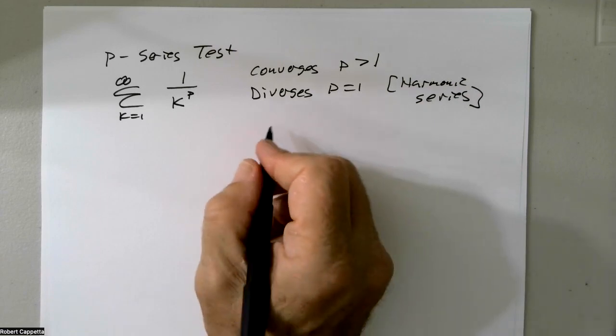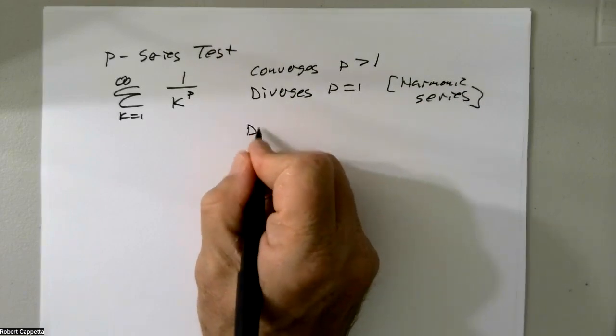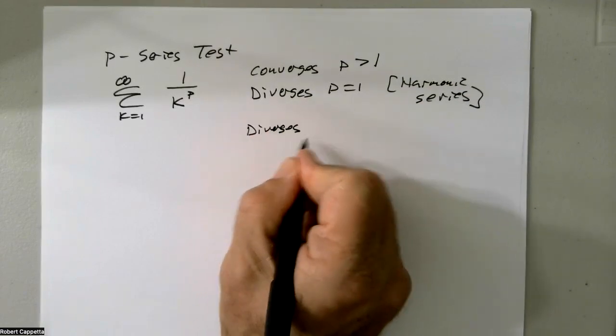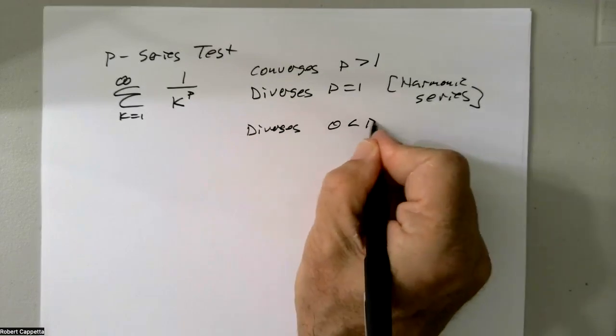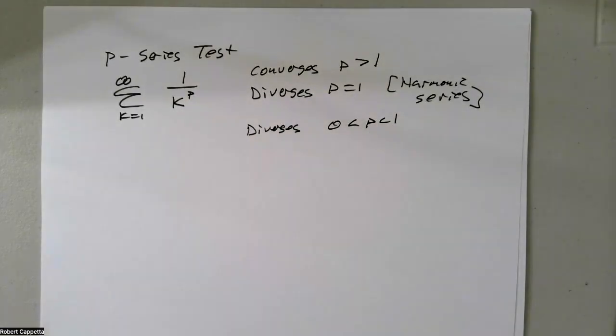And it diverges if p is between 0 and 1. It trivially diverges if p is less than 0, because you would prove that with the kth-term divergence theorem, not with the integral test. But that certainly would also be the case. But that doesn't typically come up.